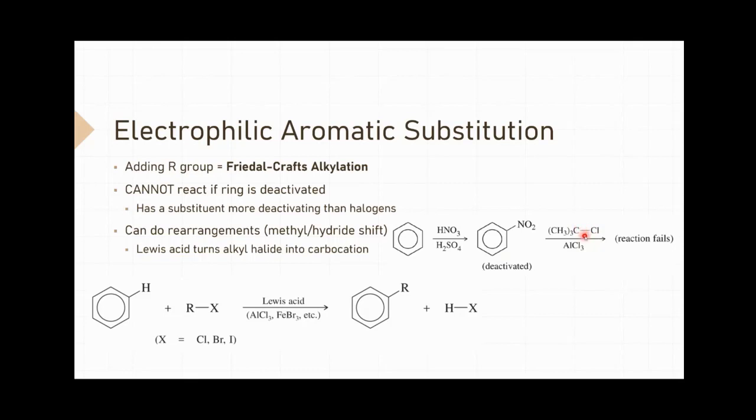Carbocations, think of it like an SN1 reaction, so it's going to do rearrangement to make the carbocation into the most stable position. Once you find a stable position, that's where you will attach the benzene ring.